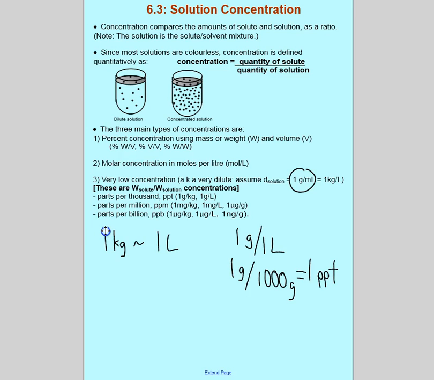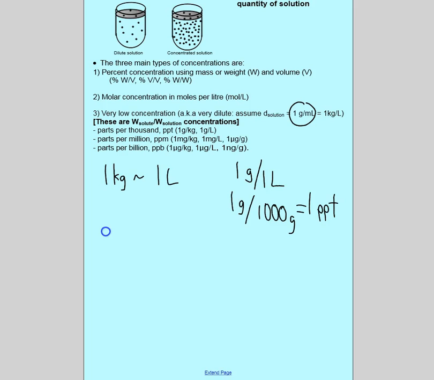If we look at a part per million, let's stick with the liter as our base unit for volume. For part per million, we want to start with 1,000th of the amount of solute. So it's not in the gram range, it's in the milligram range. So we have 1 milligram, and again, keeping in mind that a liter is about a kilogram of mass for this solution, which is 1,000 grams.